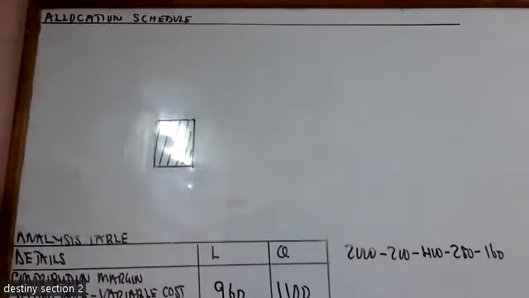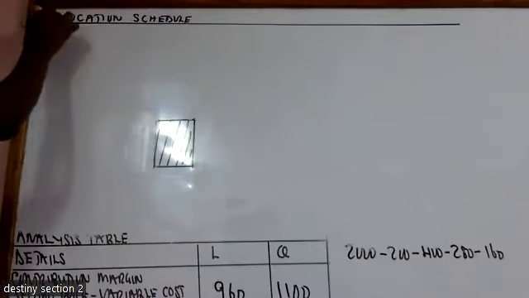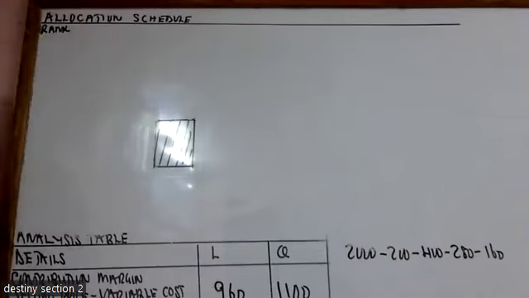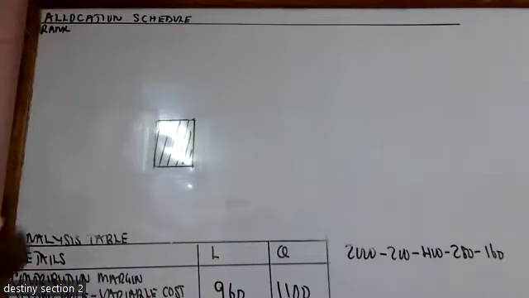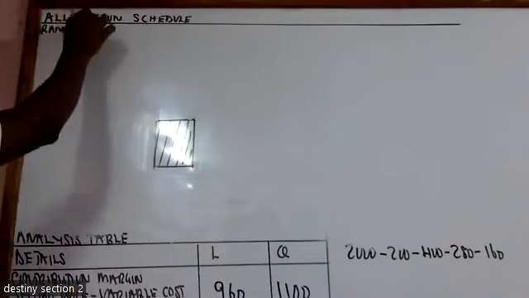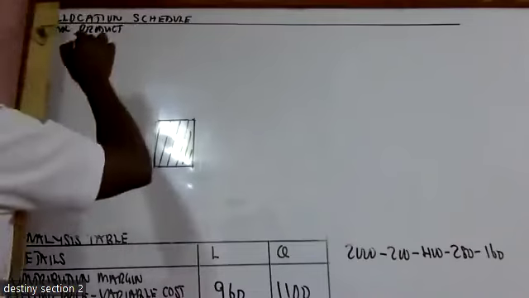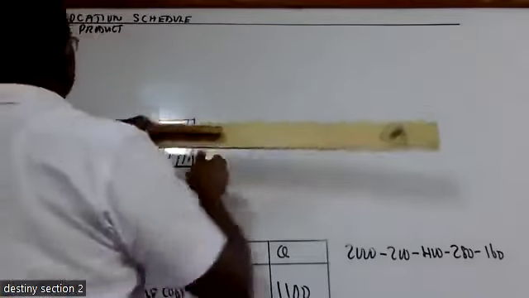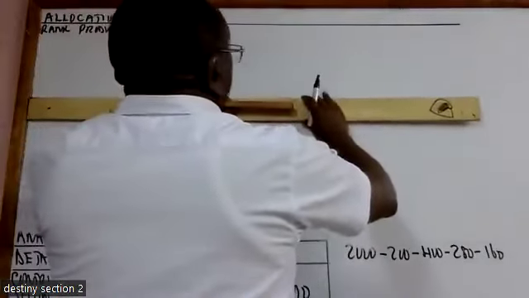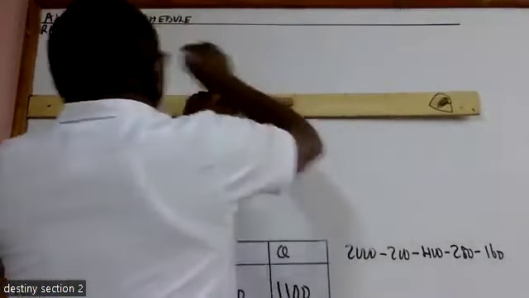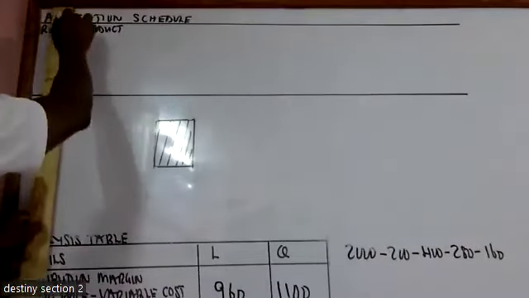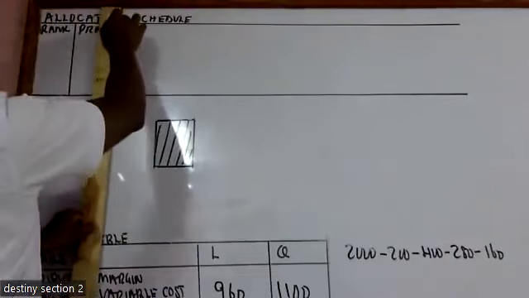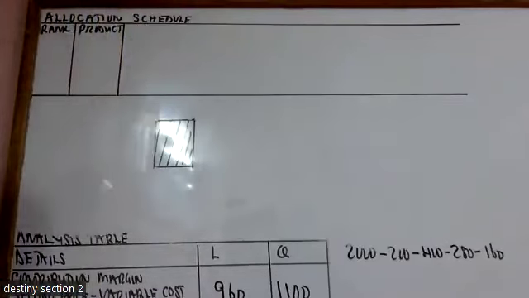Now this allocation schedule has many columns. So the first one is called rank. The next one is called product. So that is rank, that is product.